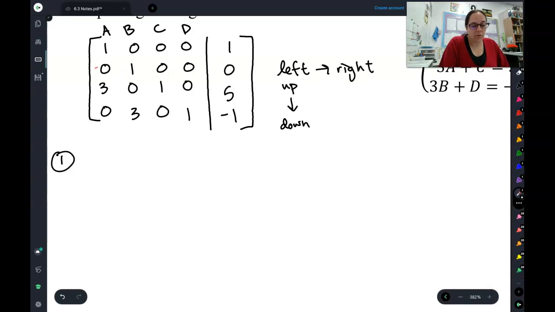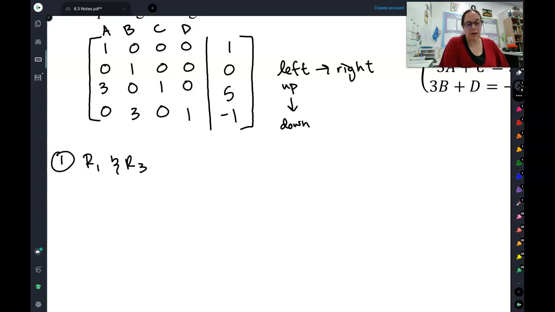You'll notice if I do row 2 plus row 3, there is nothing I can multiply to this 0 to get it to cancel with that 3. That 3 is not going to cancel. So I have to do something with row 1 and row 3. So row 1 and row 3, because then I can multiply this by a -3, and then I can get row 1 and row 3 to cancel.